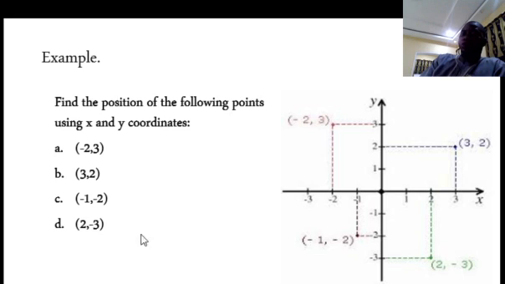And the last point to be located is 2, -3. So go to the origin again, locate 2 steps to the positive direction of x, 1, 2. Then take 3 steps to the negative direction of y, 1, 2, 3, and you have the point here. This is 2, -3.